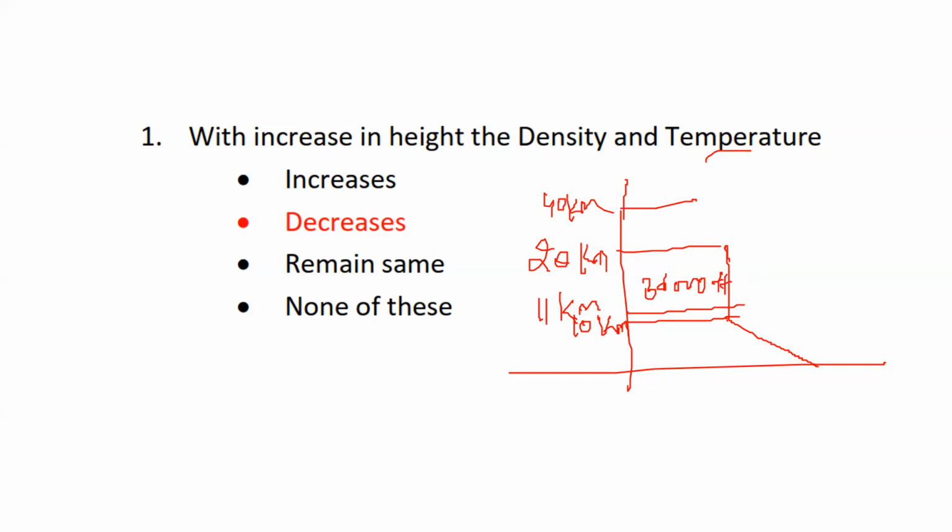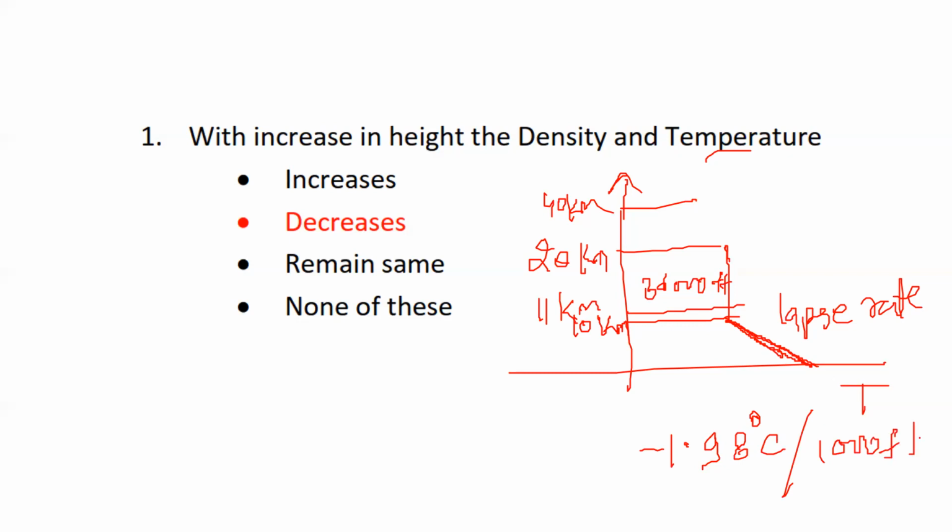And just a quick question. What is the atmospheric lapse rate? From 0 to 10 kilometers, it should be 1.98 degrees Celsius per 1,000 feet.